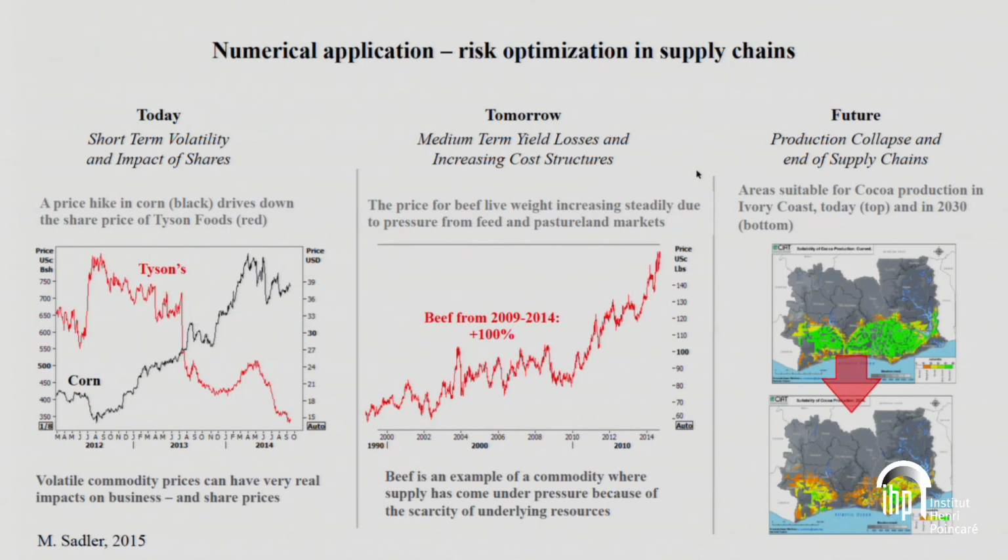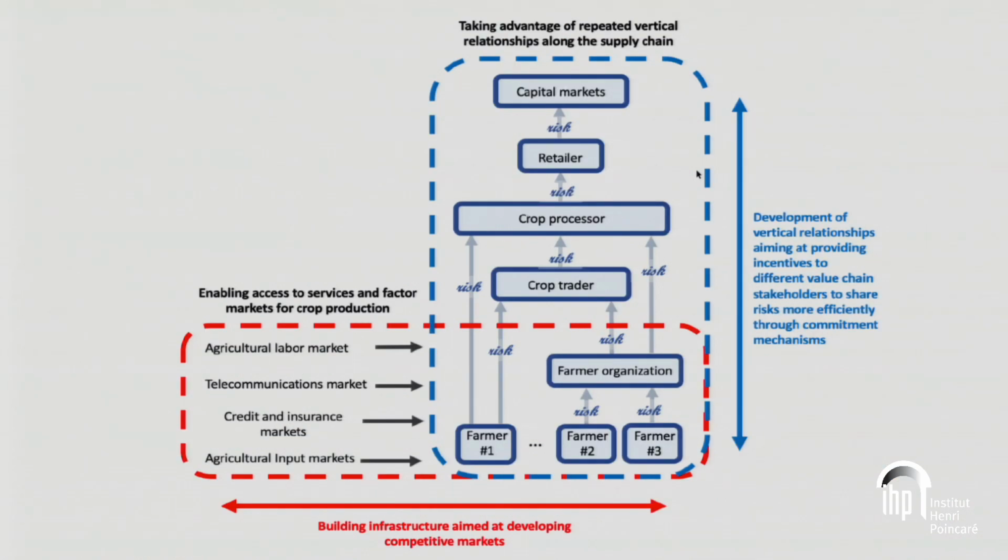So this means that businesses and the economic system need to change paradigm in how this market imperfection is addressed.